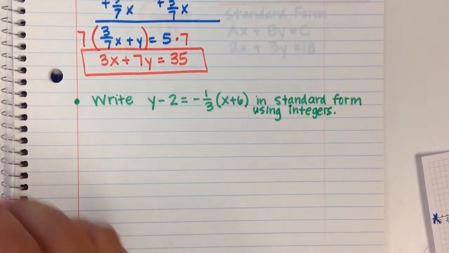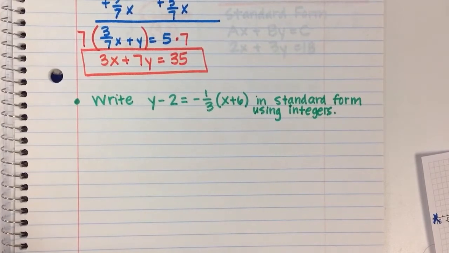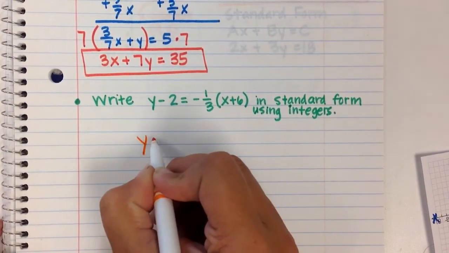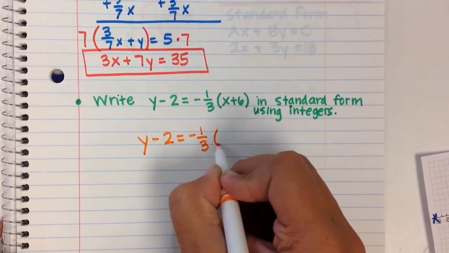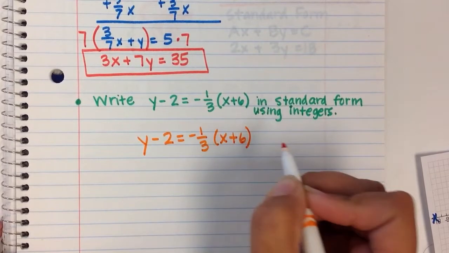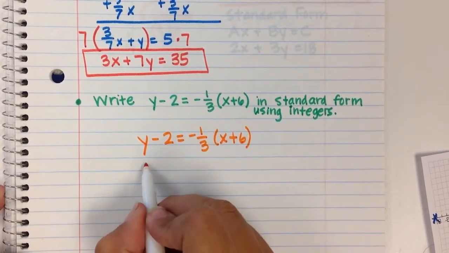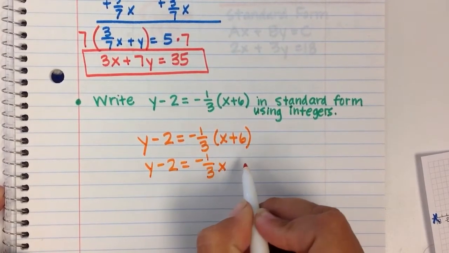Alright, I'm going to do the same thing with y minus 2 is equal to negative 1/3 times x plus 6. Alright, well this is in point slope form. So the first thing I need to do is distribute. So I've got y minus 2 is equal to negative 1/3 x.